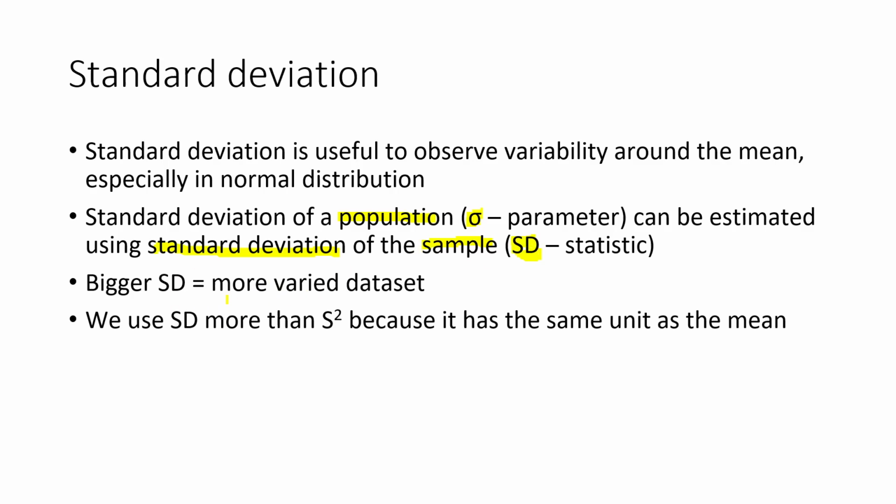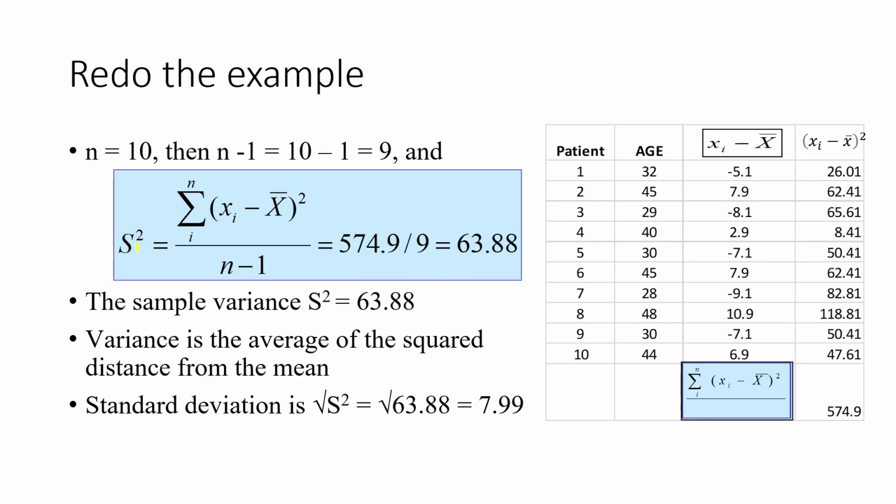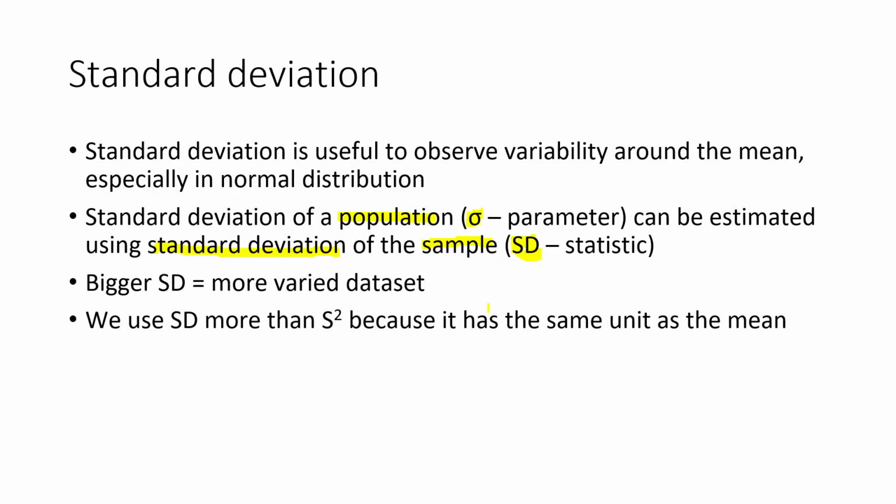And if you have a bigger SD, then that means your sample was more varied. Okay, so you just had more different patients. And so we use standard deviation more than the variance because, again, it has the same unit as the mean. So if you look back at this example, like we said, the variance was measured in years squared, which isn't a very useful unit. Whereas the standard deviation is just measured in years, which is much more useful.